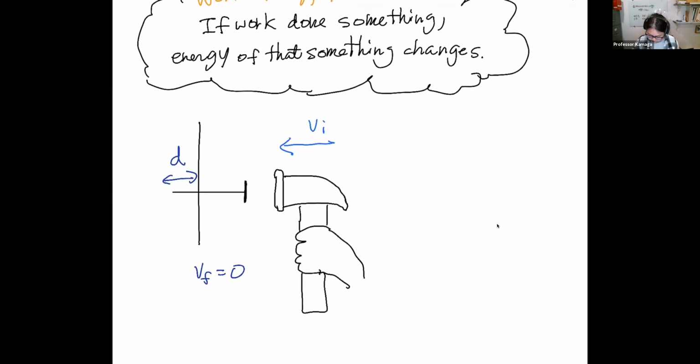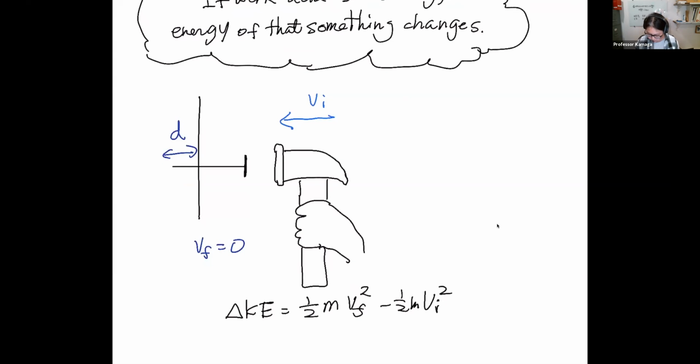So the change in kinetic energy is 1/2 the mass of the hammer times V final squared minus 1/2 m V initial squared of the hammer. You lose the kinetic energy, obviously, and that energy is taken by the nail that opposes.